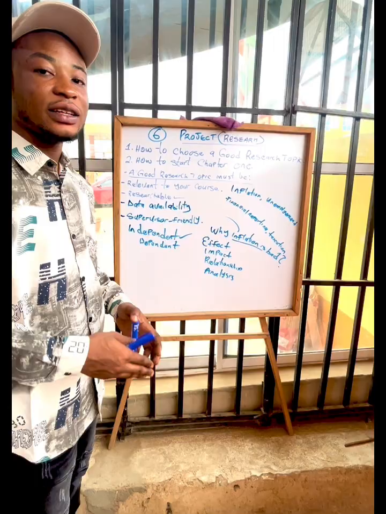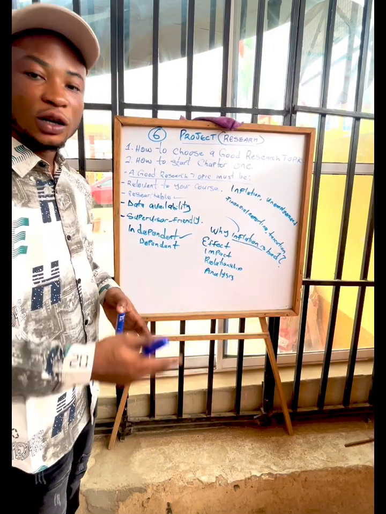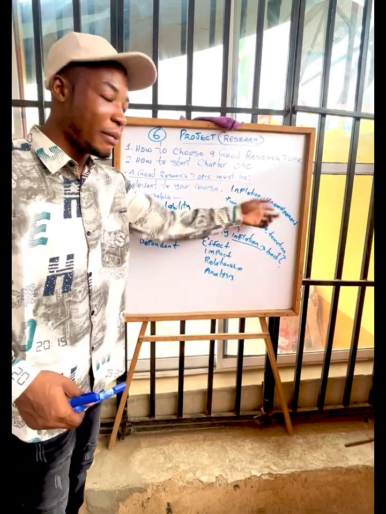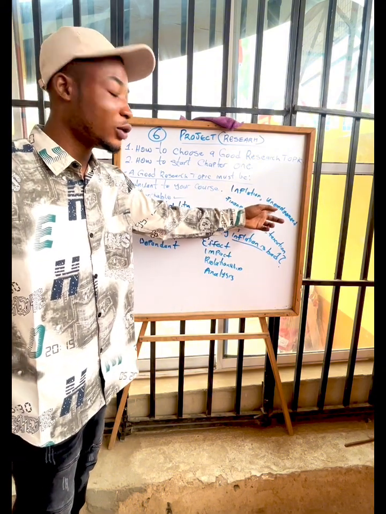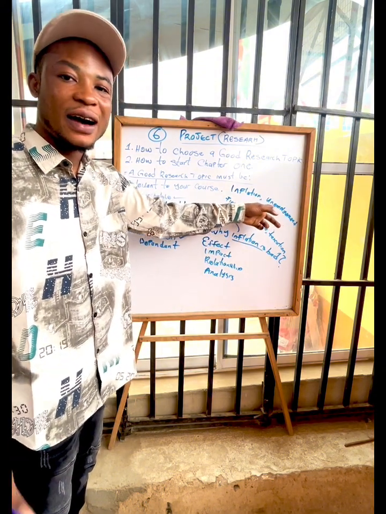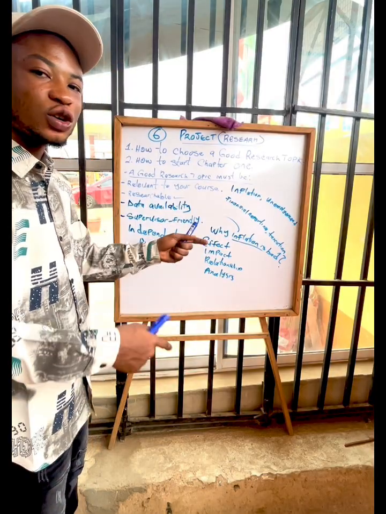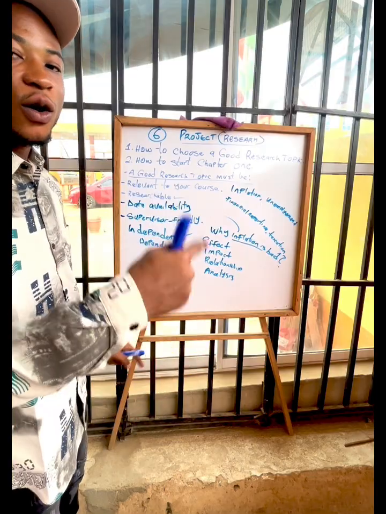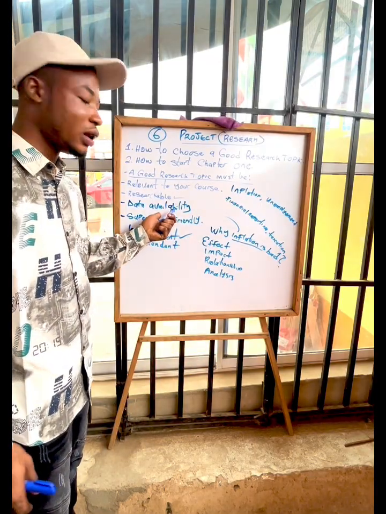Some developing or emerging countries might be experiencing inflation or unemployment, but in some advanced countries, they don't have any problem. They don't really have a high rate of unemployment. So if you are working on such a topic and the country you want to work on is an advanced country, the data might not be really available.